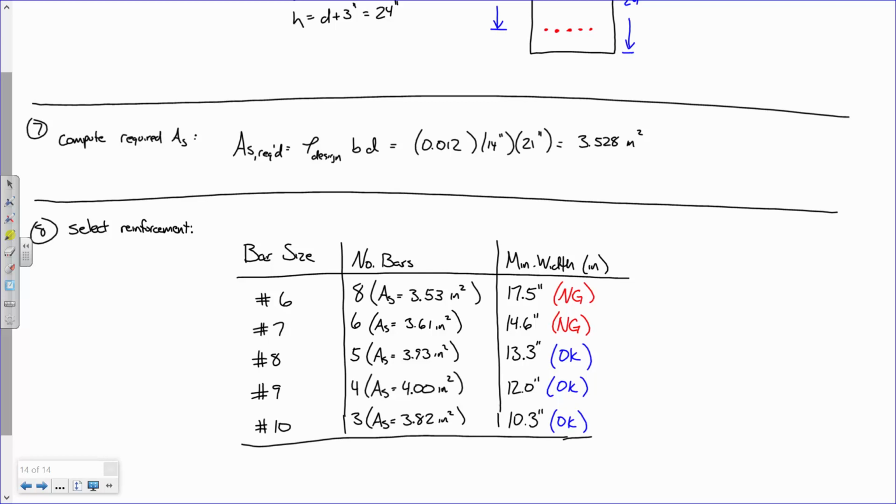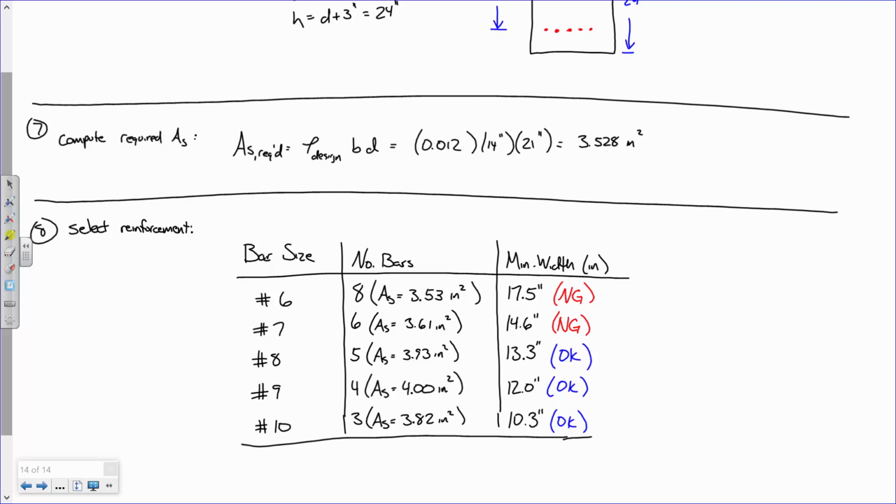How many number 3s would you need to meet this requirement? Like 30 or 40? Do you think you could fit those in 14 inches of beam width? No, there's no point. So you can see why I was trying to be feasible with it. That wouldn't be a viable option. So that's why I started at number 6, to start with something that makes sense.